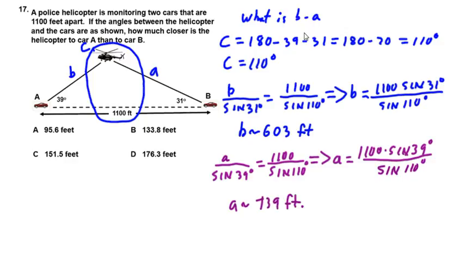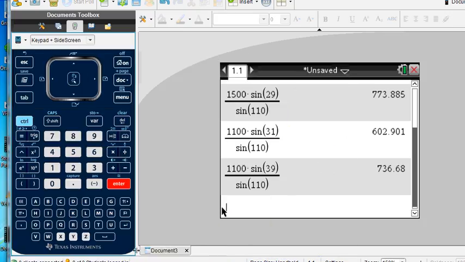Well, we want to find B minus A. Well, we're going to need A minus B, right? So A minus B is equal to 737 minus 603. Let me see here. We get to the nearest tenth. Let's look at their figures here.